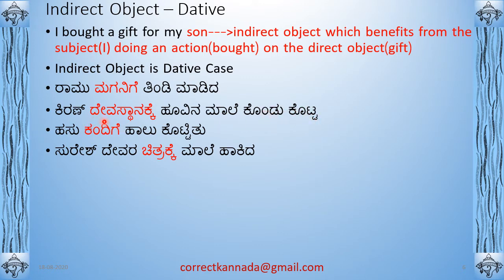So Kiran bought a flower garland and gave, and this is the indirect object devasthana, and that's why devasthana is devasthanake, to the, in chaturthi vibhakti because it's an indirect object. Direct object is your huvinamale, because Kiran bought huvinamale for the devasthana.